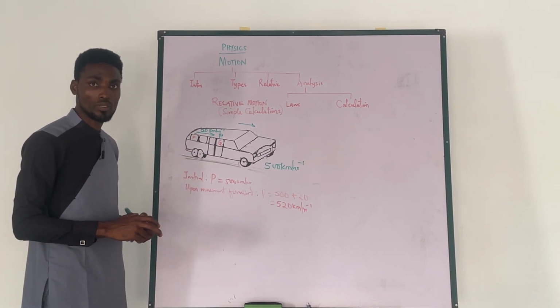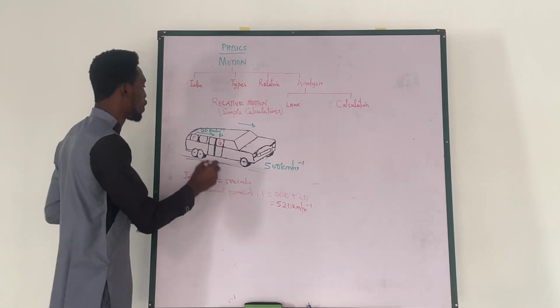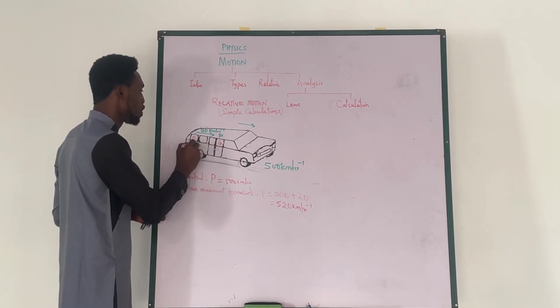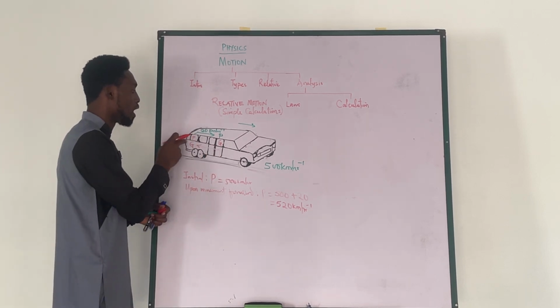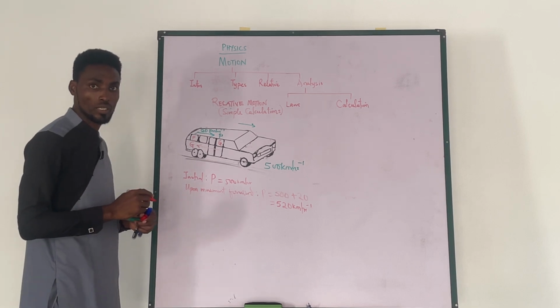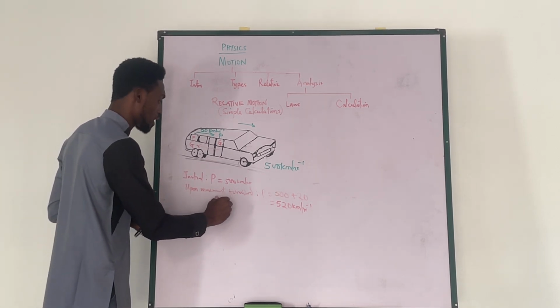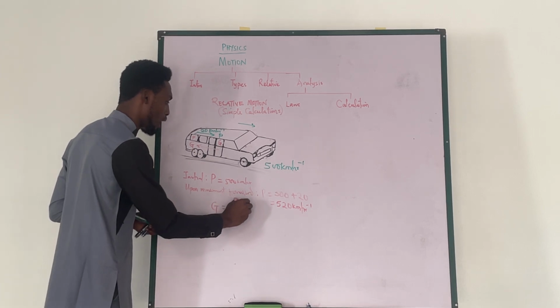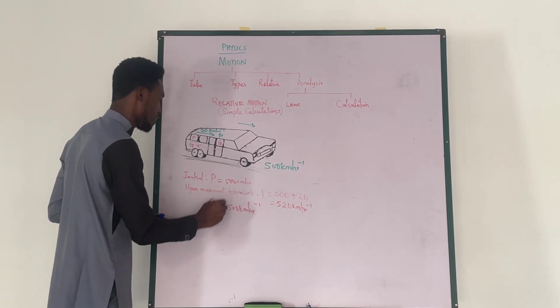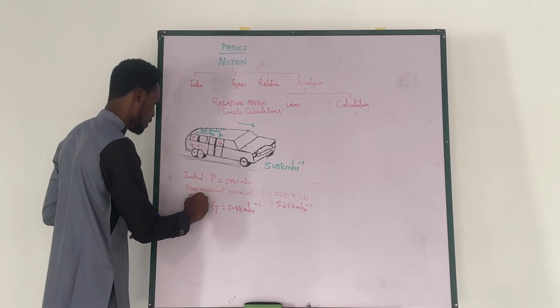Are we getting that? On the contrary, if G had gone backward to meet P, what would have happened is that G, which was actually at 500 km per hour initially, right? That's initial.